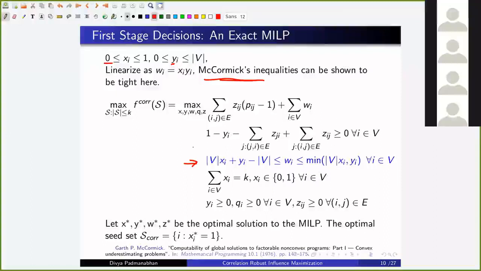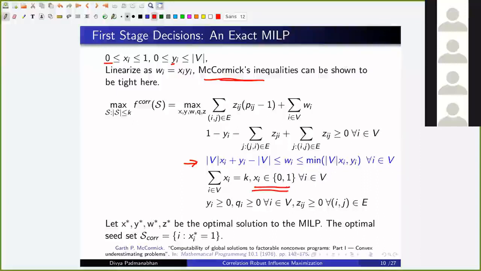But in this case, since every occurrence of these linearizations is separable, you don't have things like x_i y_j terms. And so we can show that these inequalities are sufficient to capture the exact value of the previous problem that I showed. So we've taken care of the quadratic terms. Now the only thing that remains is the 0-1 constraint.